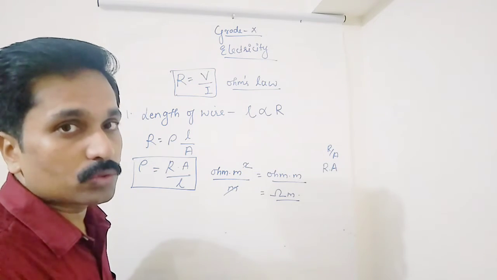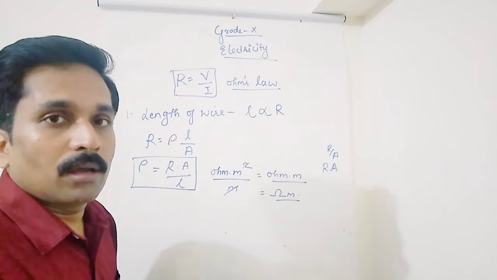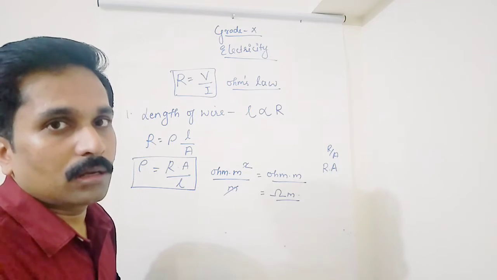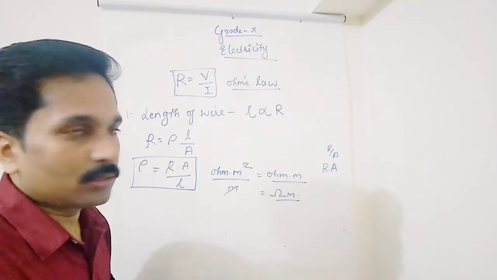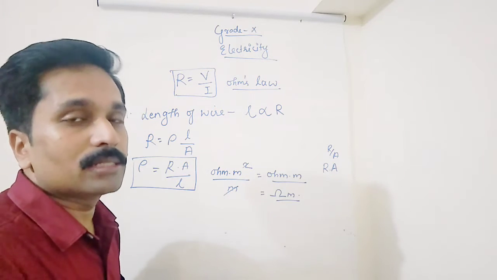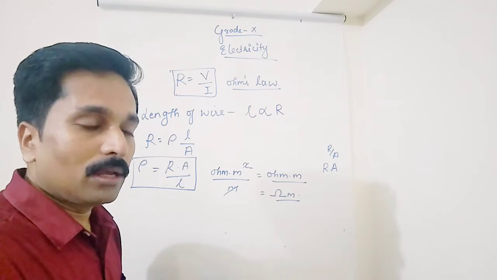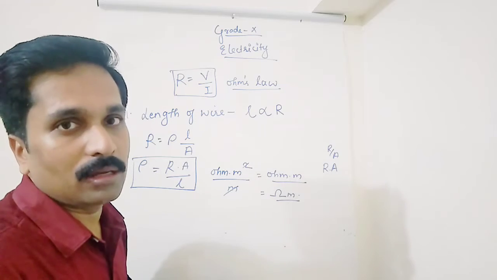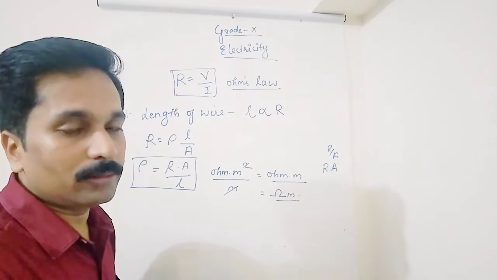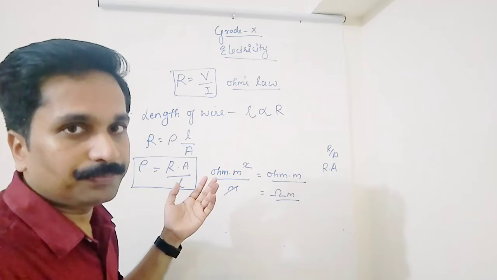Resistor is a device used to control the flow of current by controlling the current through it. Fine. Next one was rheostat. It is a device used to control the flow of current manually by increasing or decreasing the resistance. Fine. And rheostat is also known as variable resistor.